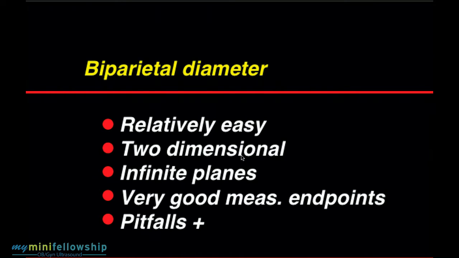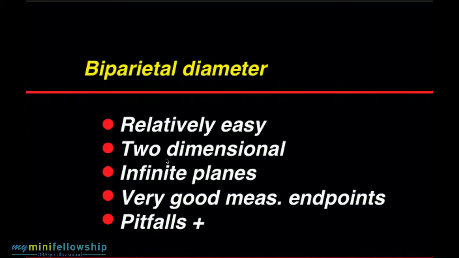I think of this as a two-dimensional measurement. You must get the right height on the skull, and the beam cannot be inclined. So you must get the right level, and the beam must not be inclined. So you have to be correct in 2 dimensions.